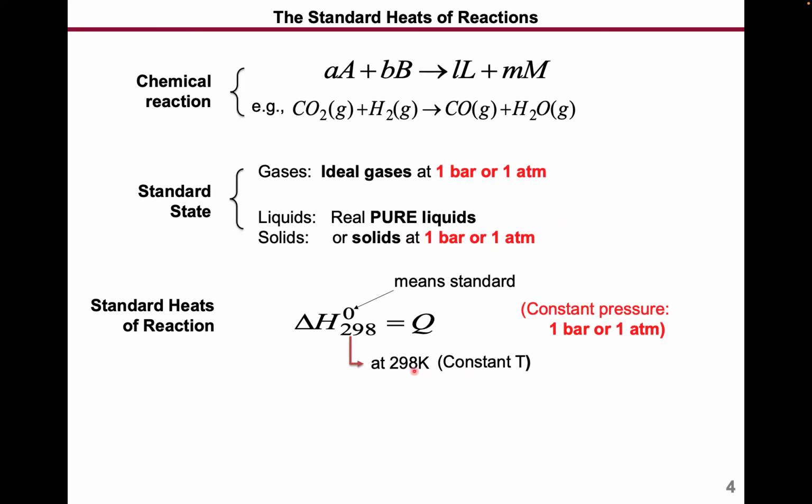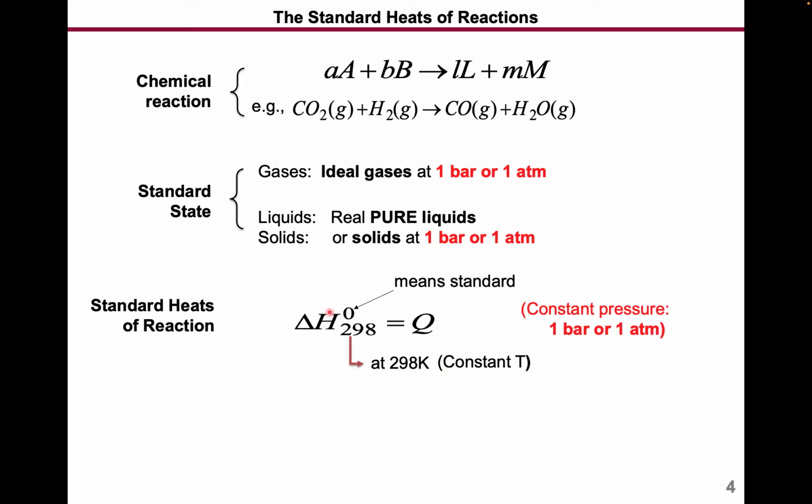You can vary from room temperature or 0 degrees C, whichever you want, but as long as you specify the temperature, that should be fine. Okay. And then on the superscript, we have a 0 on top, and this 0 just means these are standard state, basically standard pressure. Okay.